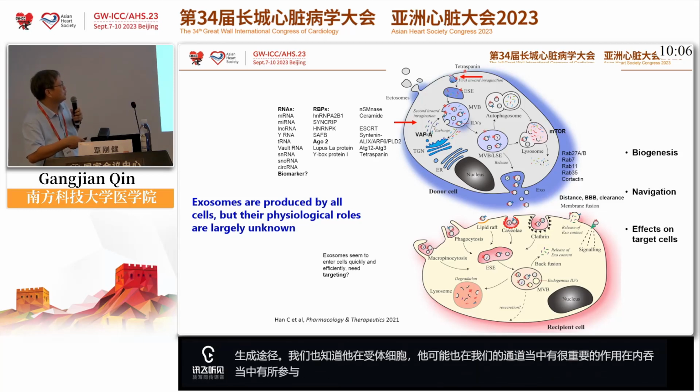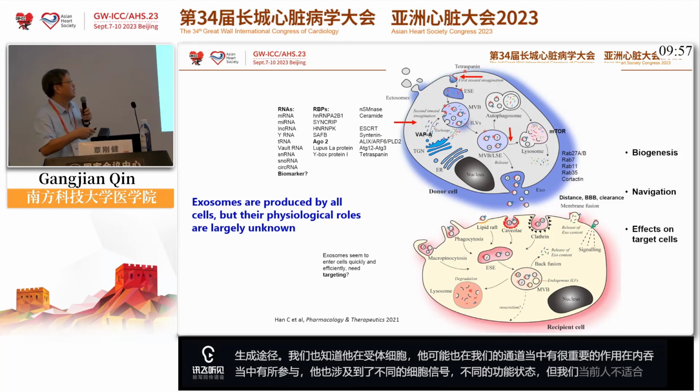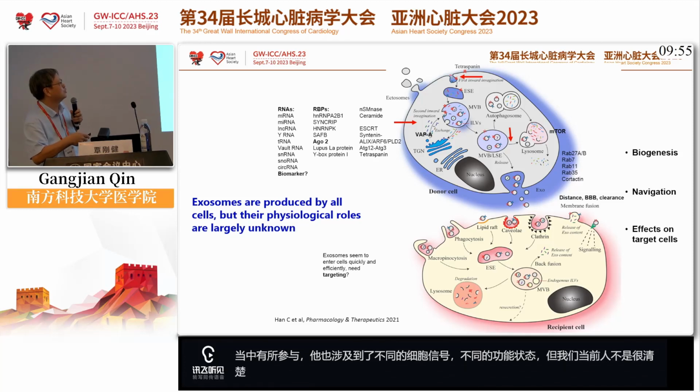It's also not quite clear about the sorting, how the inward budding in the formation of these future exosomes works, and how these molecules are sorted into these small particles.